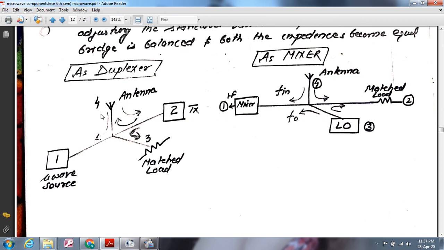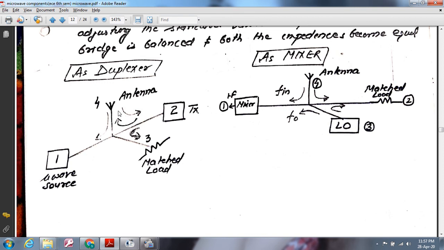Similarly, we can use it as a duplexer. As we know, a duplexer is an antenna that at the same time we can use for transmitting and for receiving purposes. So in this case also we have connected to port number 1 the microwave source, port number 2 the transmitter, port number 3 the match load, and at port number 4 we have connected the antenna.